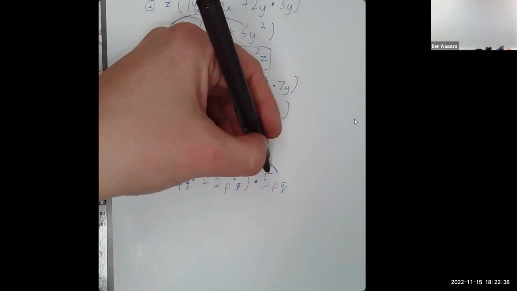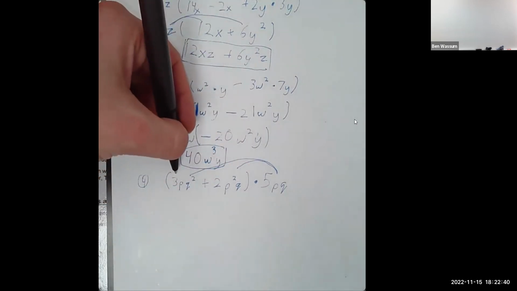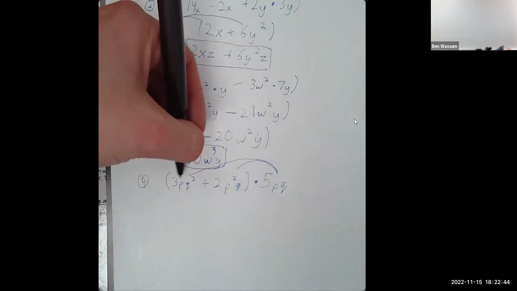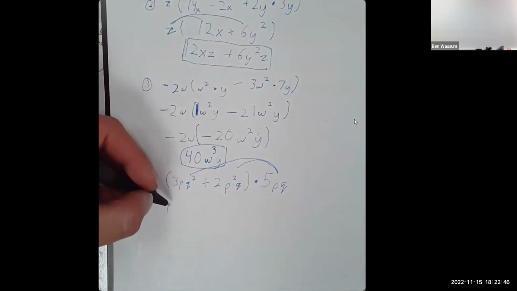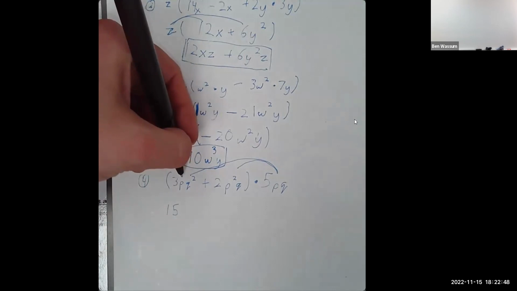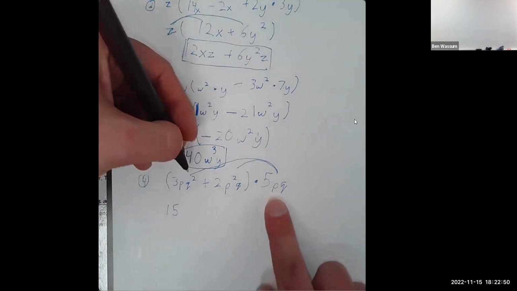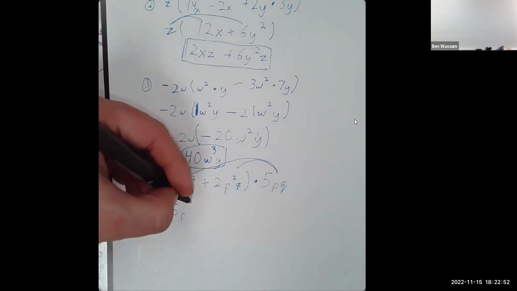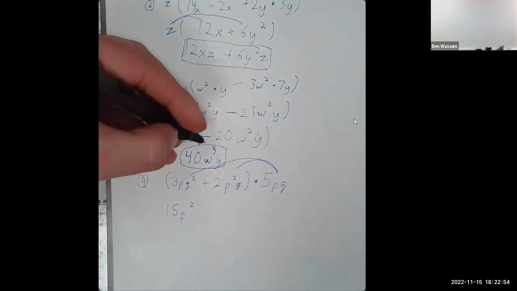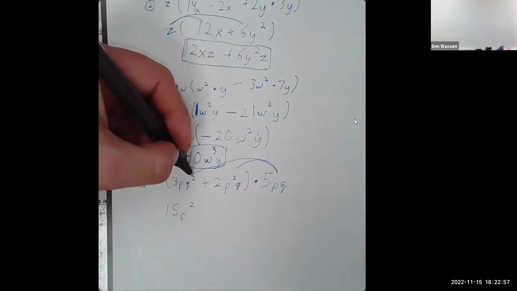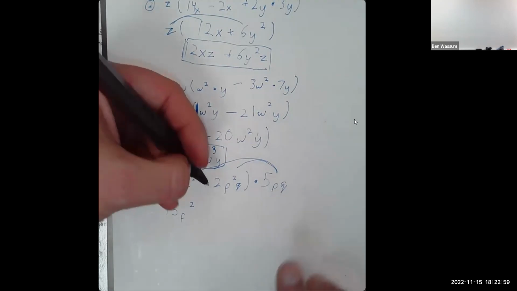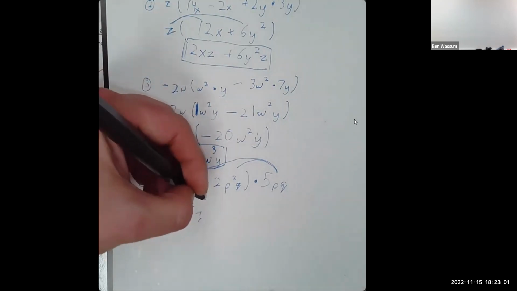So we have 5pq multiplied onto 3pq squared. You look at the coefficients, 3 and 5, we have 15. Look at the p's, we have 1 times 1, so we have 2 of them now, so p squared. And then look at the q's, we have 2 q's multiplied onto 1 more q, so we have q cubed.